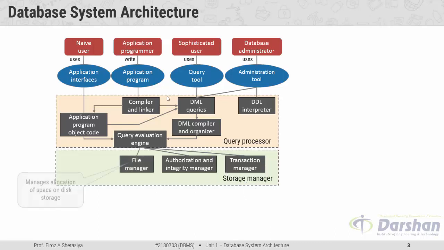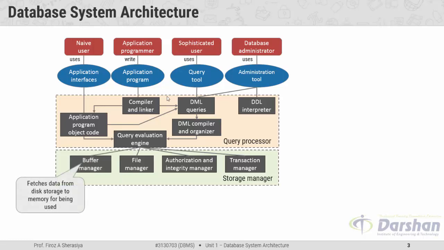Then comes the file manager. This file manager will manage the allocation of space on the disk storage. Whenever we are storing some data in the database, at that time the file manager will allocate proper space to store the data in our file system or in disk storage. Then comes the buffer manager.